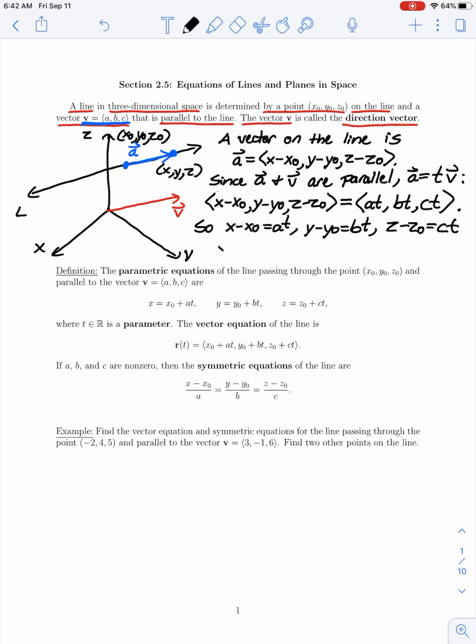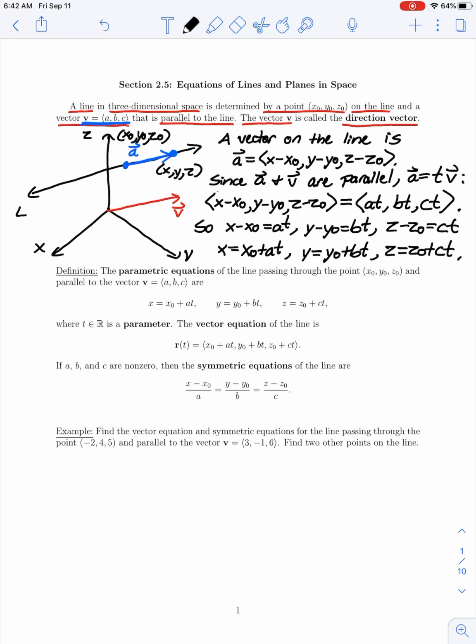If I solve the first equation for x, I would have x naught plus a times t. Solving the second equation for y, I have y is y naught plus b times t. And solving the third equation for z, we have z naught plus c times t.